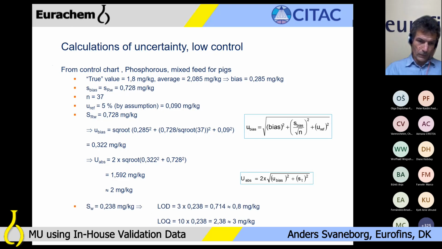Yes. So we also have calculations of the LOD and the LOQ, and these formulas we use for LOD and LOQ are very simple. There are lots of different approaches to calculating LOD and LOQ, but we have chosen this very simple approach.